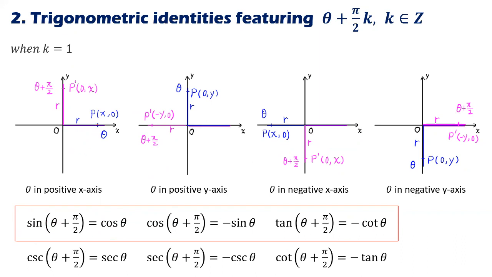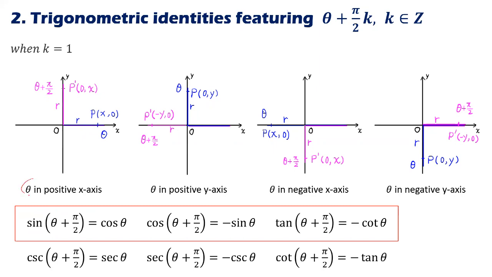So for example, if theta is on the positive x-axis, then we know that theta plus half pi must lie on the positive y-axis, because theta plus half pi is simply turning theta counterclockwise for another half pi, right?